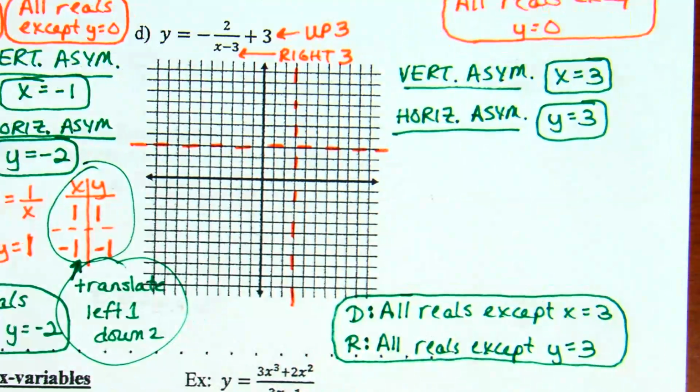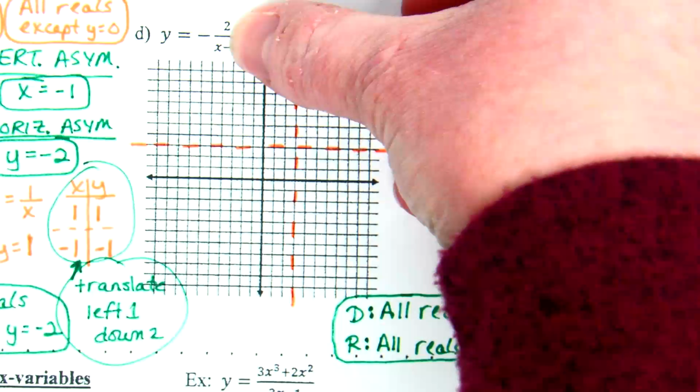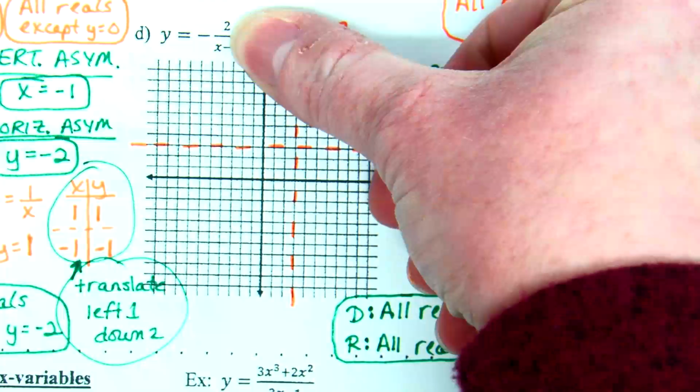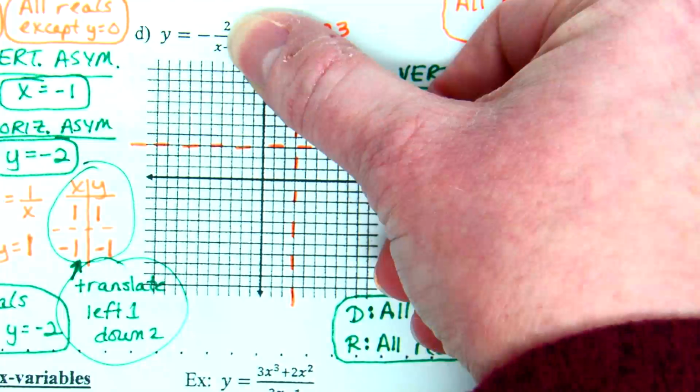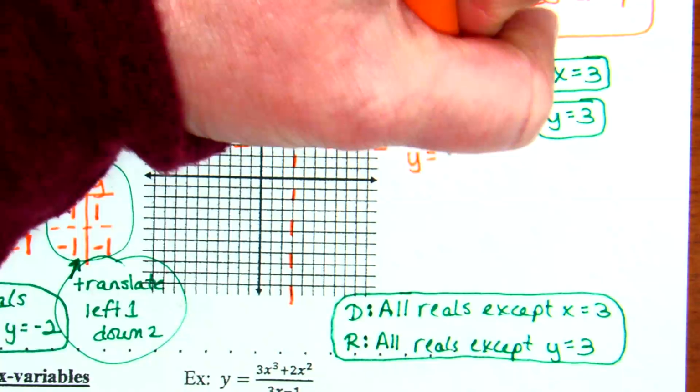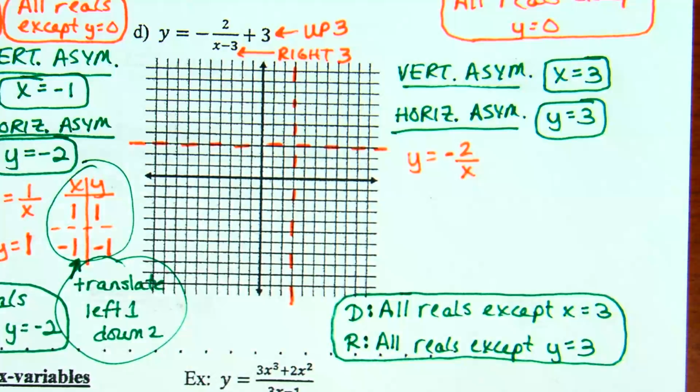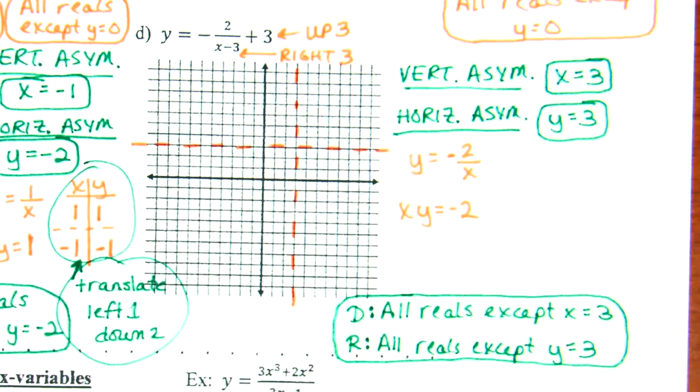Okay. Now, if you drop off the +3, you drop off the -3, the part of the equation we have left there is Y equals negative of 2 over X, right? That's what I'm using my XY chart for. Y equals negative of 2 over X. So if you multiply that X over, it is XY equals negative 2.